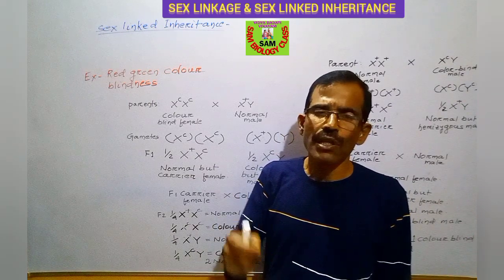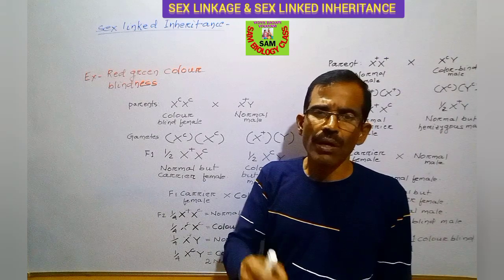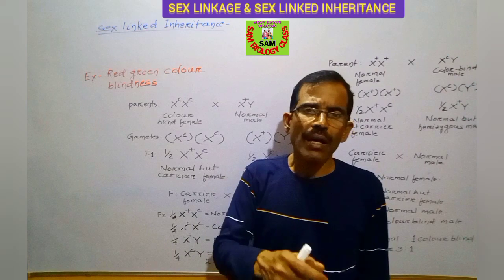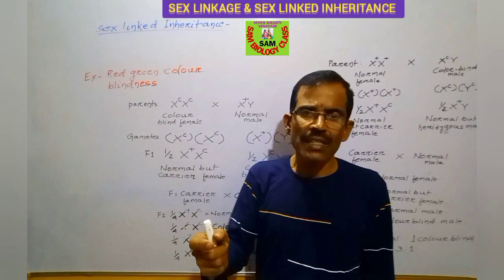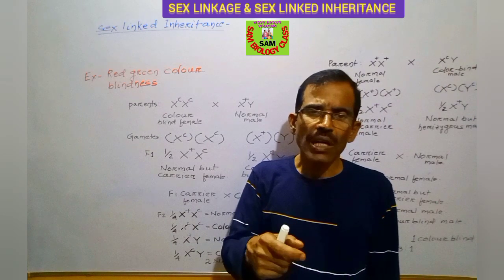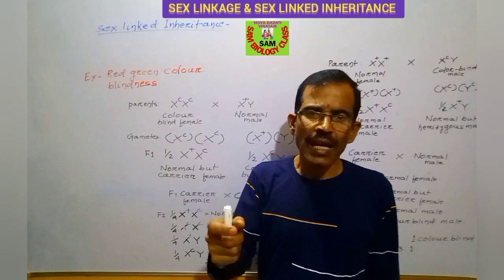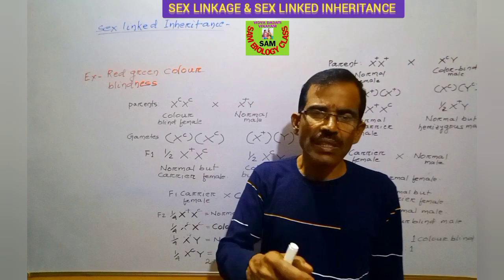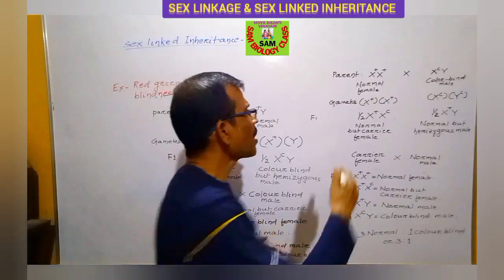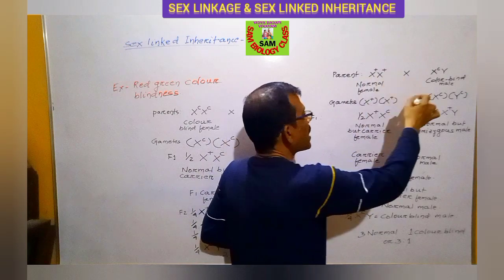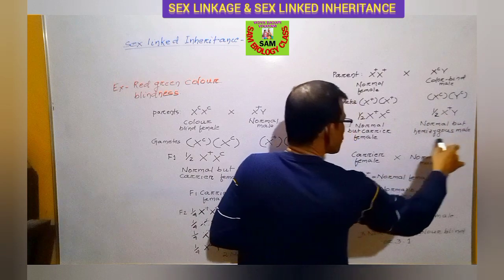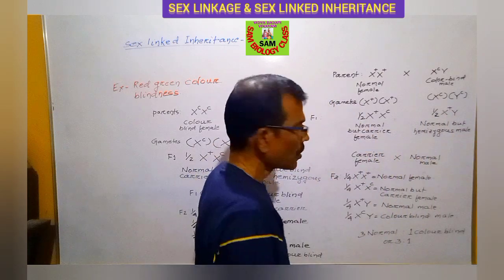As a result, individuals become colorblind. Because females have a pair of X chromosomes and males have only one, homozygous recessive females and hemizygous recessive males are colorblind.